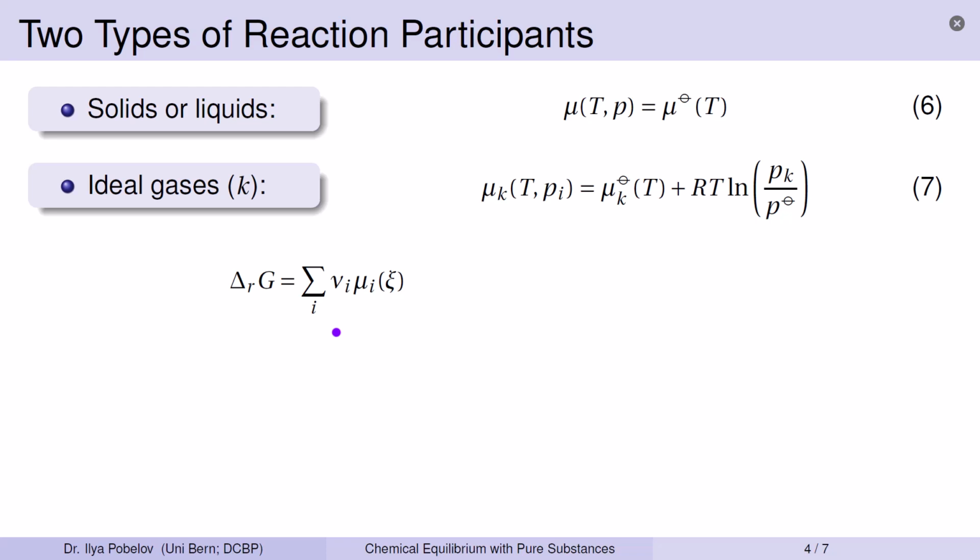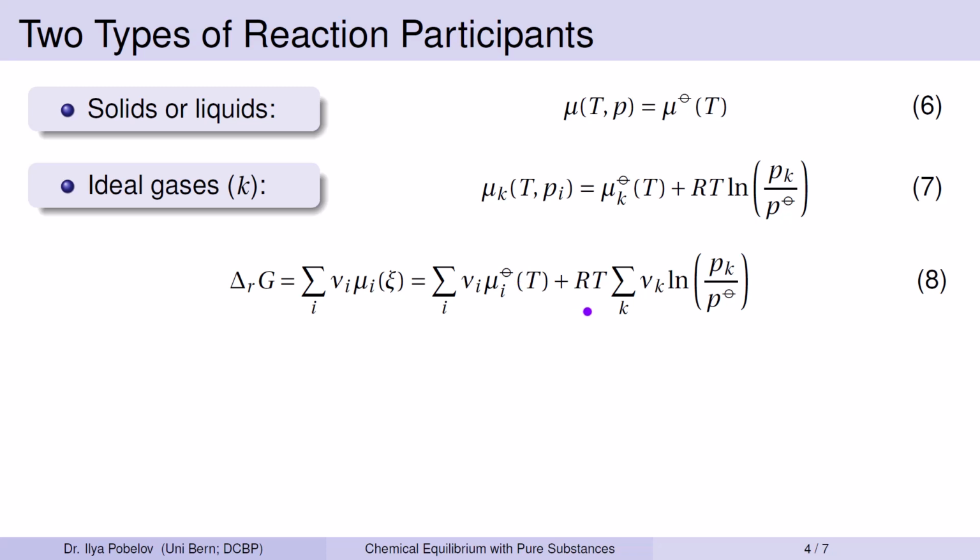Now, the reaction Gibbs energy is equal to the sum of chemical potentials, each multiplied by the respective stoichiometric number. It can be represented as a sum of two parts. The first part is the summation of the standard chemical potentials for all substances multiplied by their stoichiometric numbers. It depends solely on temperature.